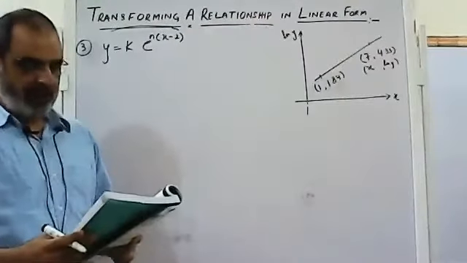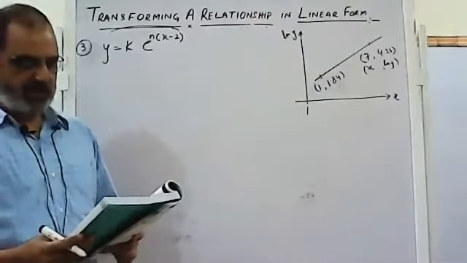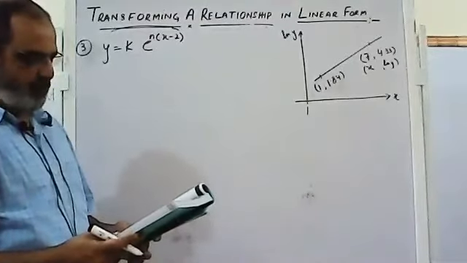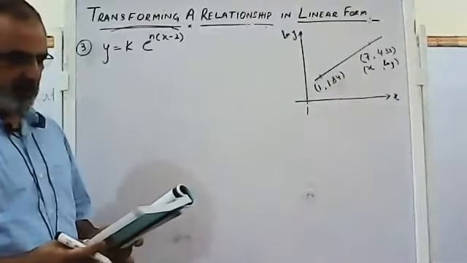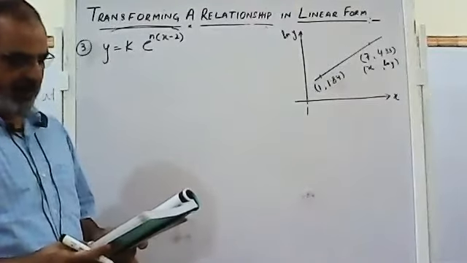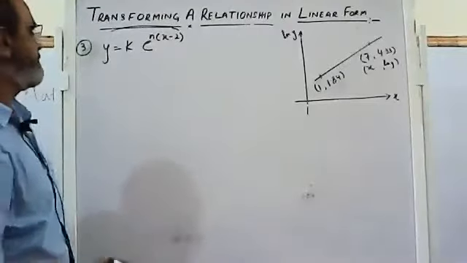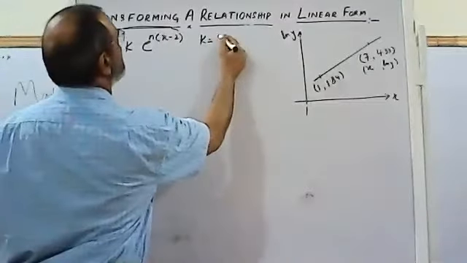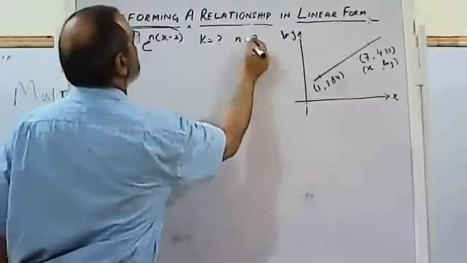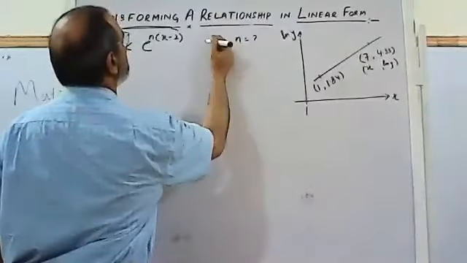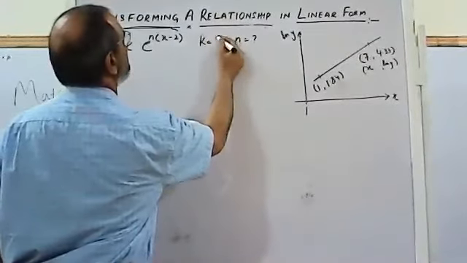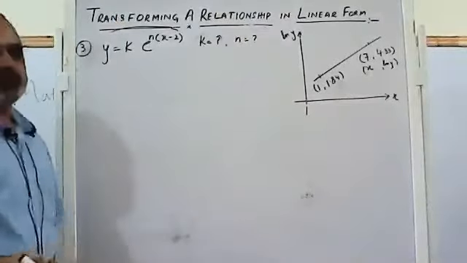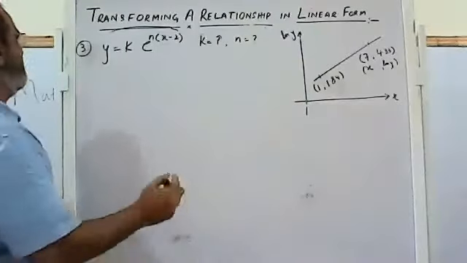The graph of ln of y against x is a straight line passing through the points 1 and 1.84, and 7 and 4.33, as shown in the diagram. Find the value of k and the value of n correct to two significant figures. For that purpose, again, we are going to change this equation into linear form, taking log.